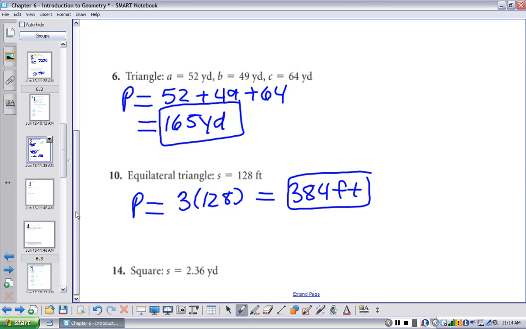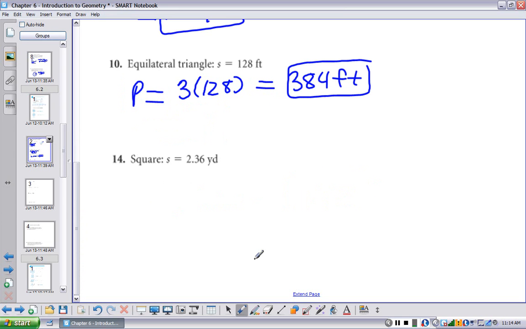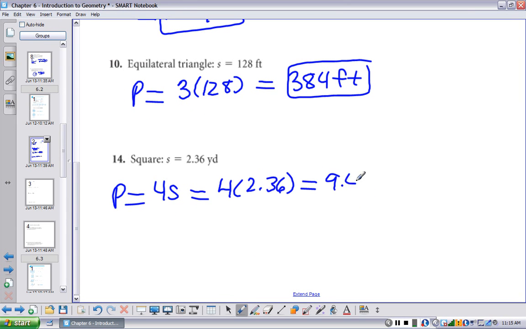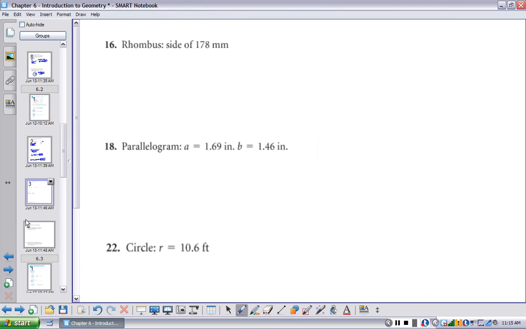And then number 14, we have a square. Remember, a square has 4 equal sides, so it's 4 times S. So it's 4 times 2.36, which is 9.44 yards. A rhombus.